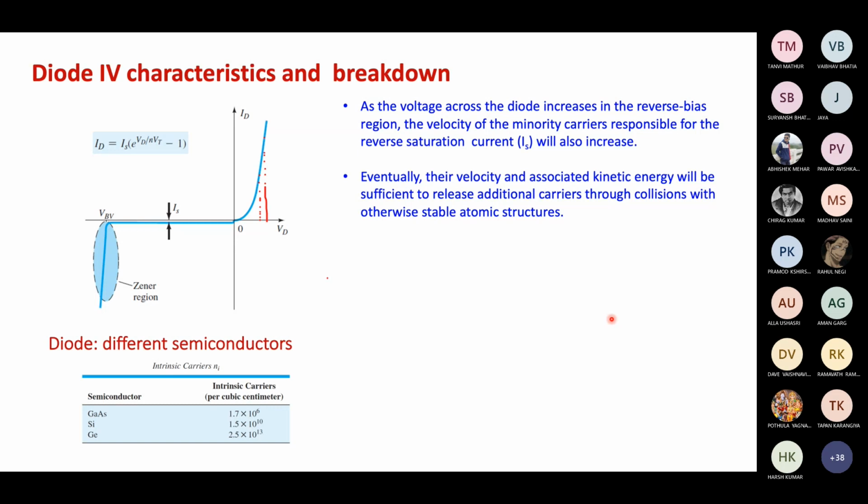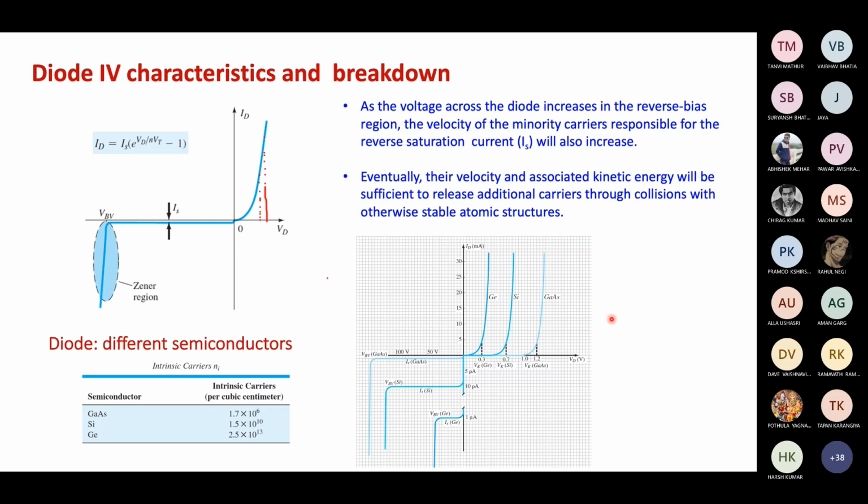So similarly, we can think about germanium as well. These are the IV characteristics of silicon, germanium, and gallium arsenide. As pointed out by a couple of you, the reverse saturation current will be less in gallium arsenide, which is also evident from this plot here.